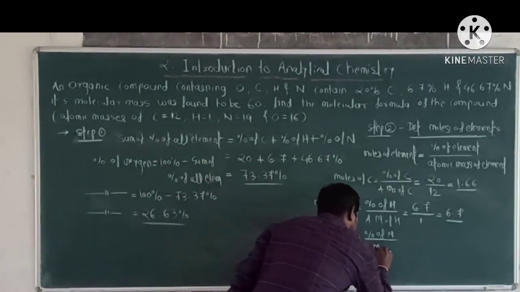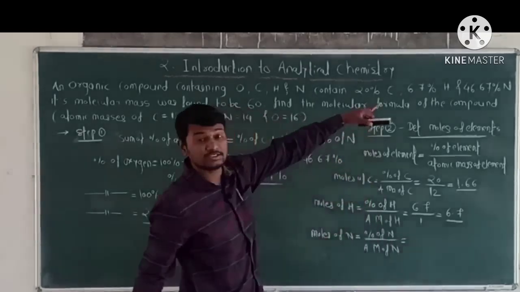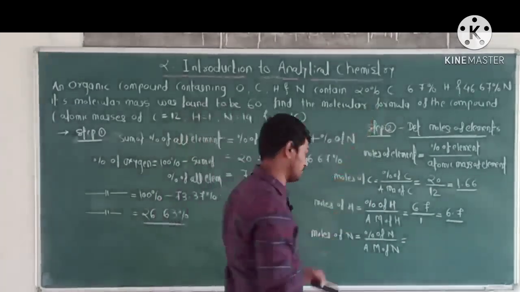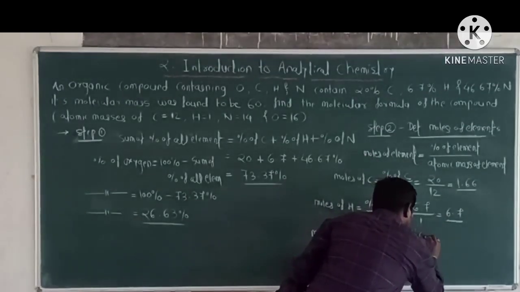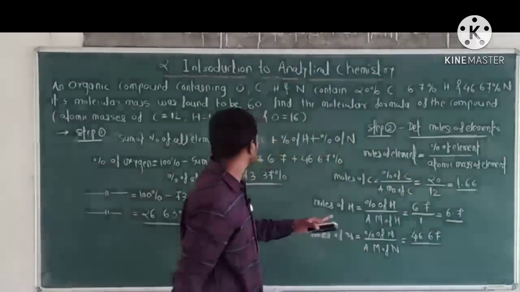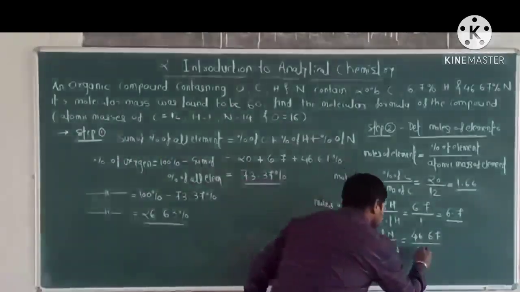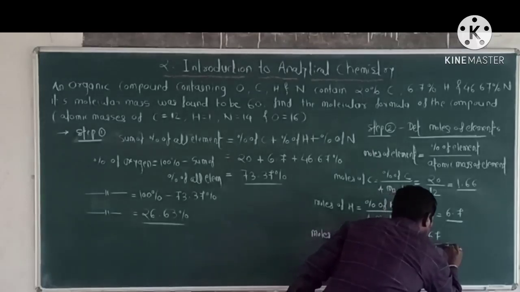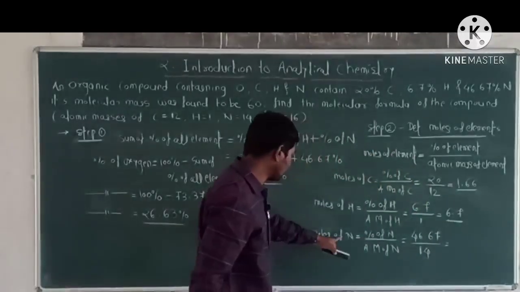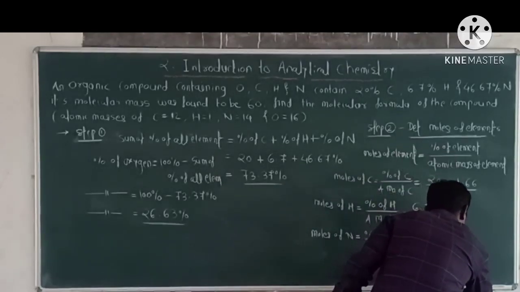The percentage of nitrogen is 46.67, divided by the atomic mass of nitrogen, which is 14. Solving this, moles of nitrogen is 3.33.